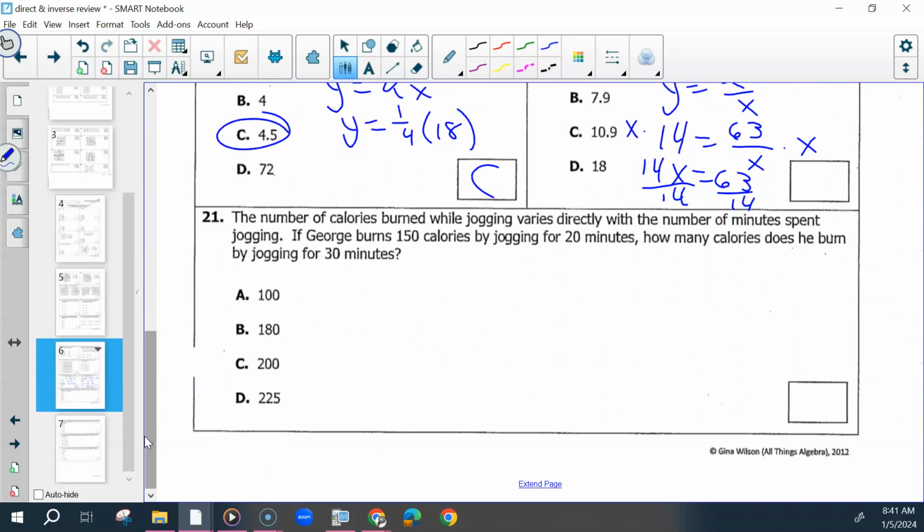The number of calories burned while jogging varies directly with the number of minutes spent jogging. If George burns 150 calories by jogging for 10 minutes, how many calories does he burn by jogging for 30 minutes? What's important there?